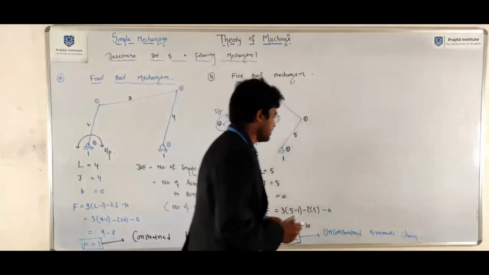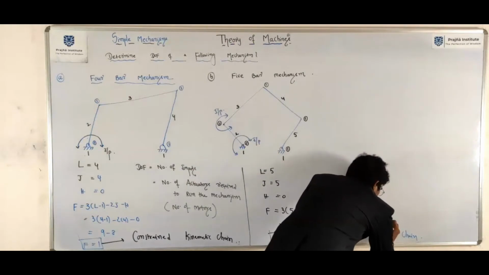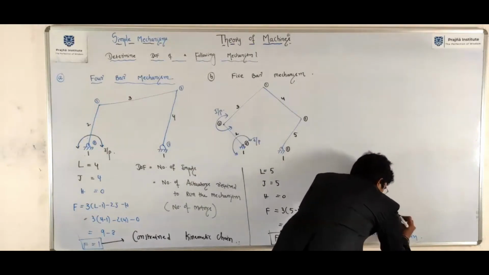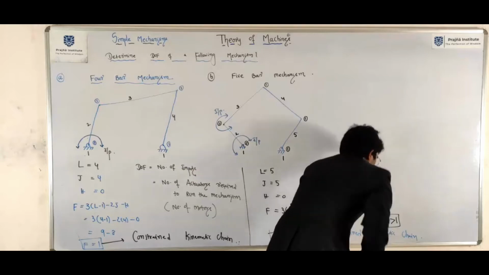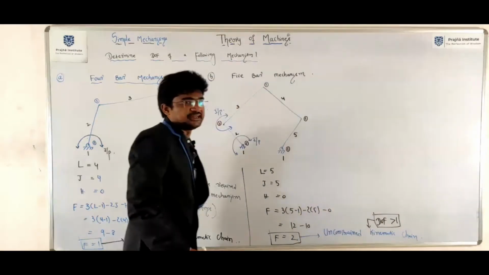If the degree of freedom is greater than 1, you can call it an unconstrained chain.